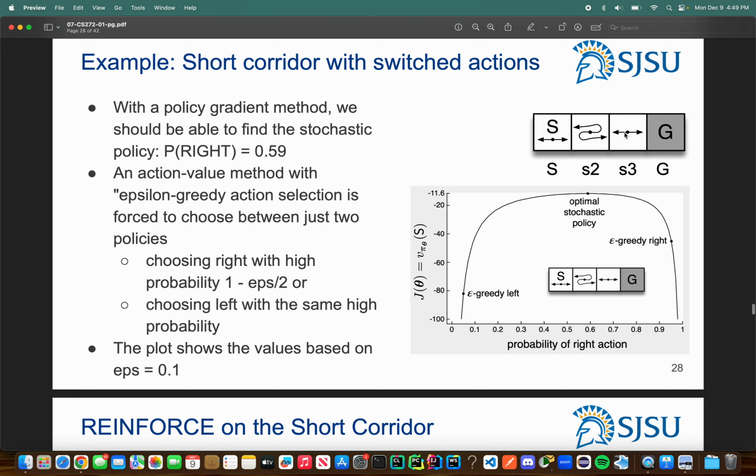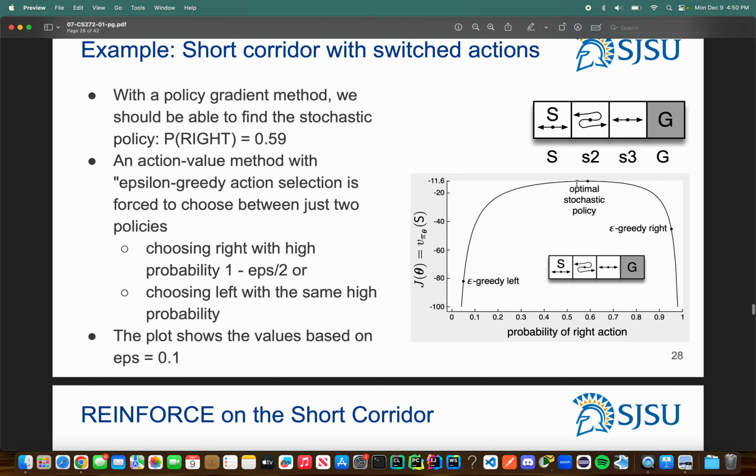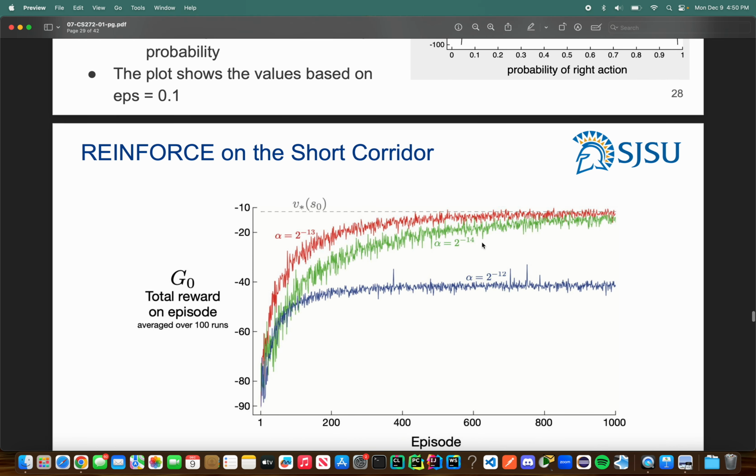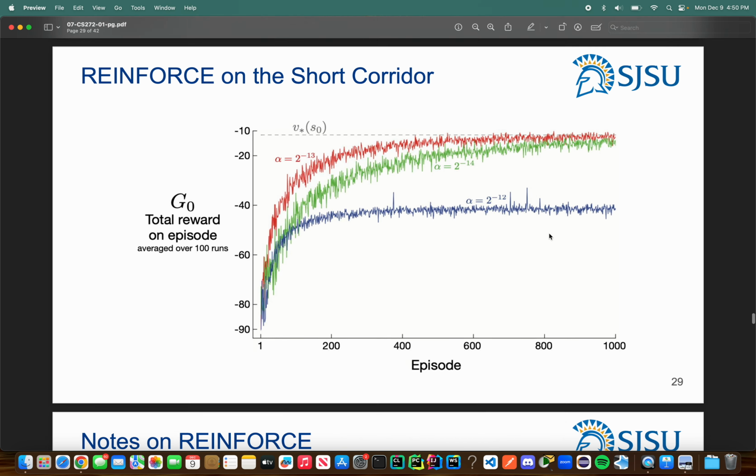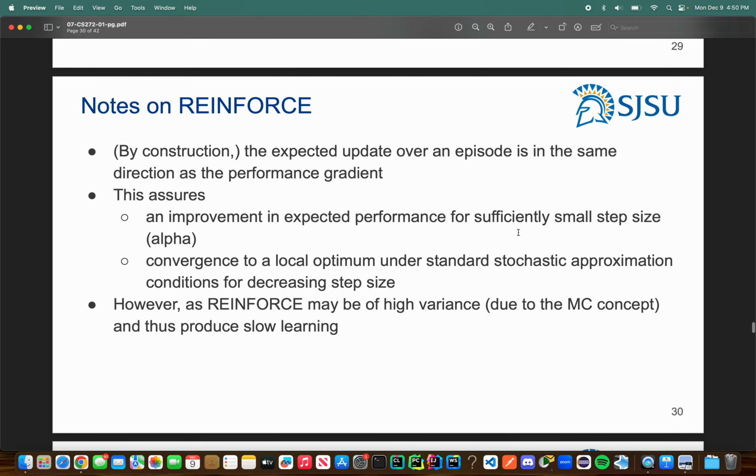If you take left, you'll end up going right. If you take right, you'll end up going left. So the different epsilon greedy approaches don't end up getting really good performance evaluations, but if you try to build an optimal stochastic policy with REINFORCE, you kind of get there, right?